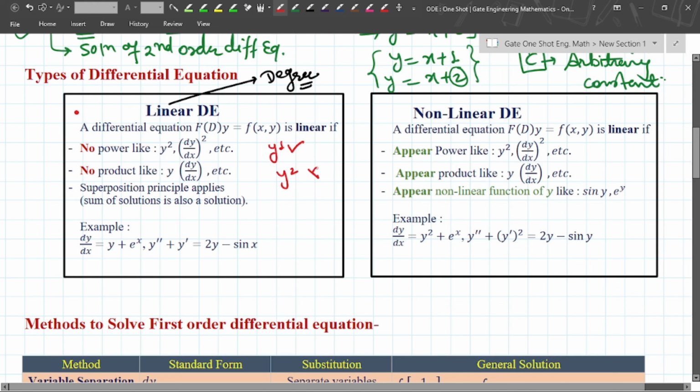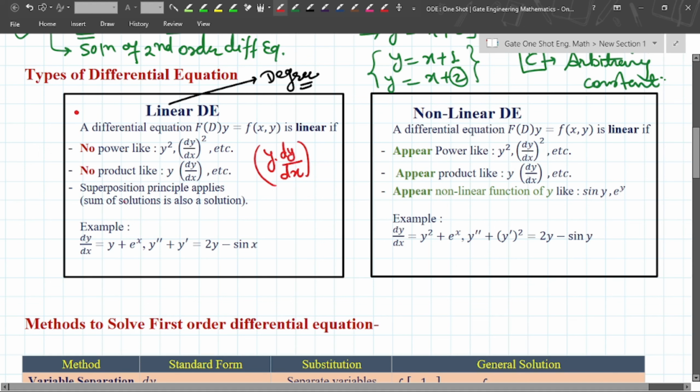If y square is there, then it is not linear. Like this will be the non-linear case, and also the power of the derivative should not be 2 in this case. Also, there should be no multiplication of the dependent variable with its derivative. For example, if y dy by dx occurs in any differential equation, it will not be a linear differential equation.